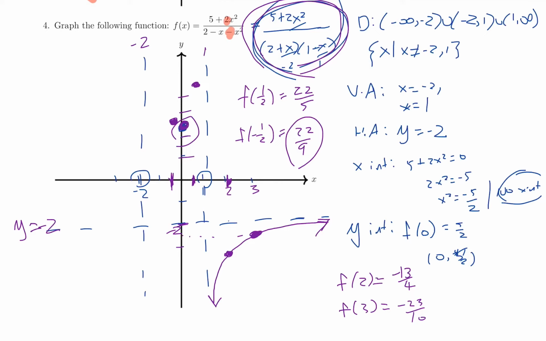Let me just double check my calculation. Okay, yeah, so let me draw it again so my calculation is correct. So it is somewhere here. Let me actually erase some so we can see clearly.